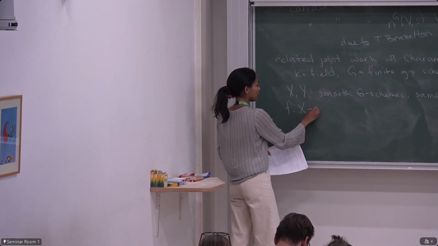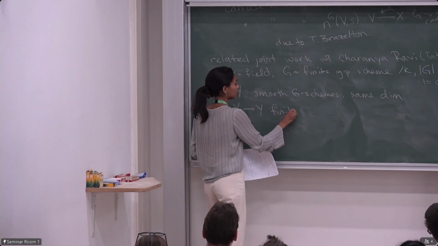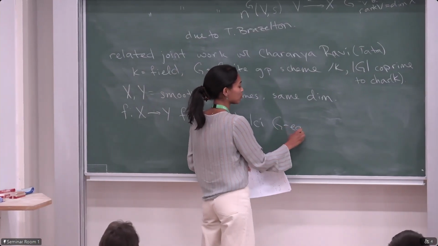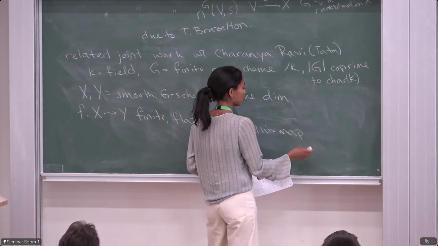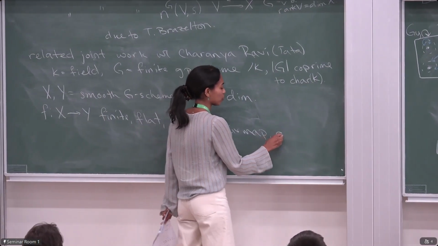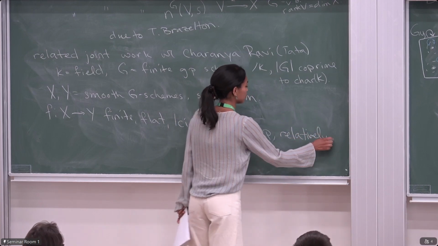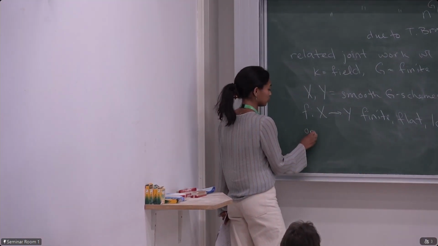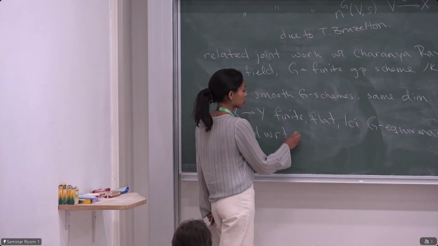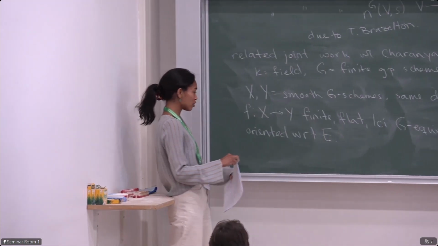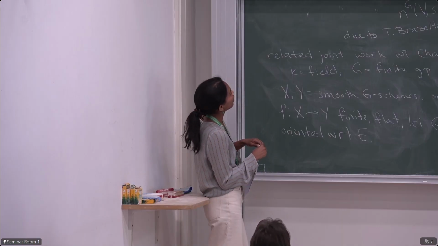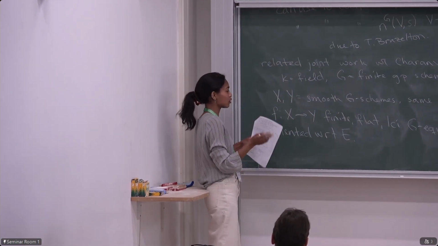Let f from X to Y be a finite flat LCI G-equivariant map. Say relatively oriented with respect to a motivic ring spectrum E. Relatively oriented in motivic homotopy theory can mean a few things, but certainly the kind of strong definition that I wrote here is one that you could think about.